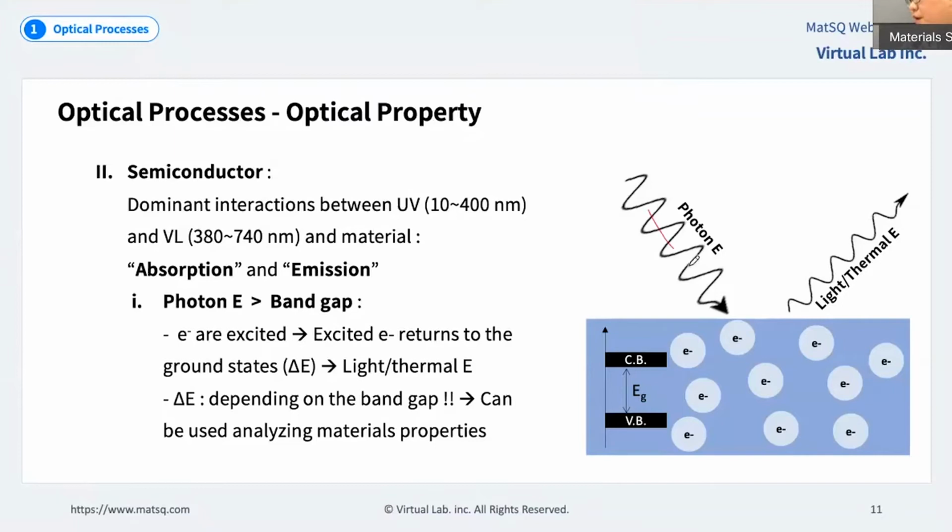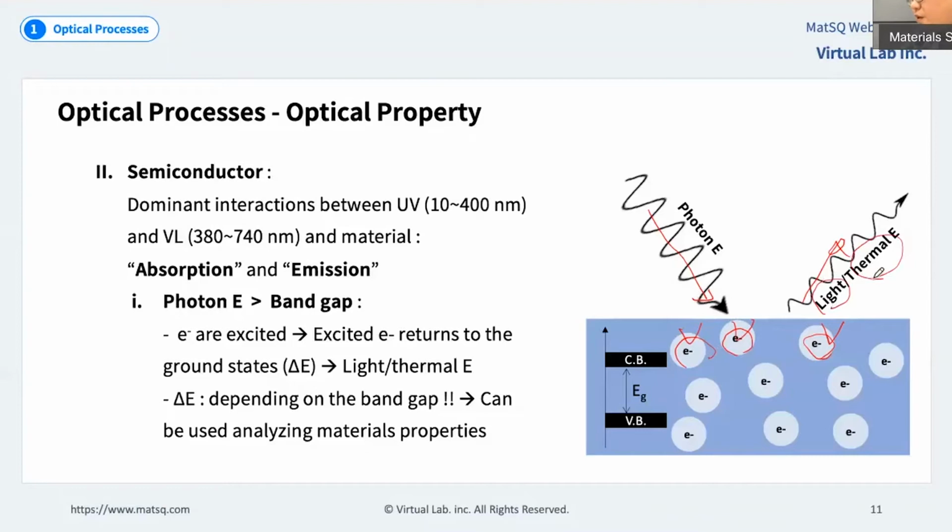So inside the beam here, some electrons inside the material are going to be excited and go through here. The excited electron, like this one or this one or this one, tends to return to the ground state. This energy difference will be released as light or thermal energy.